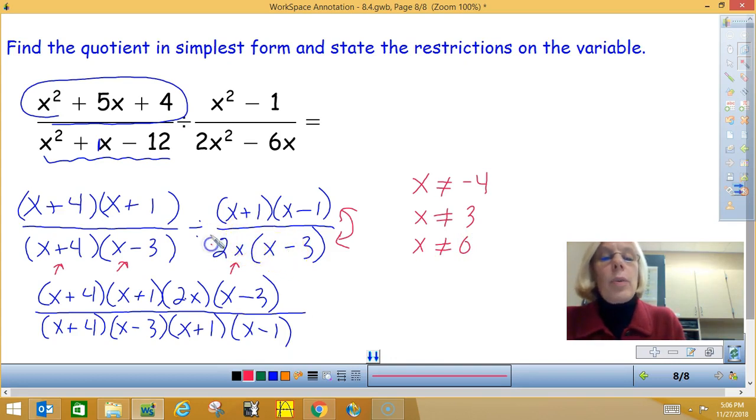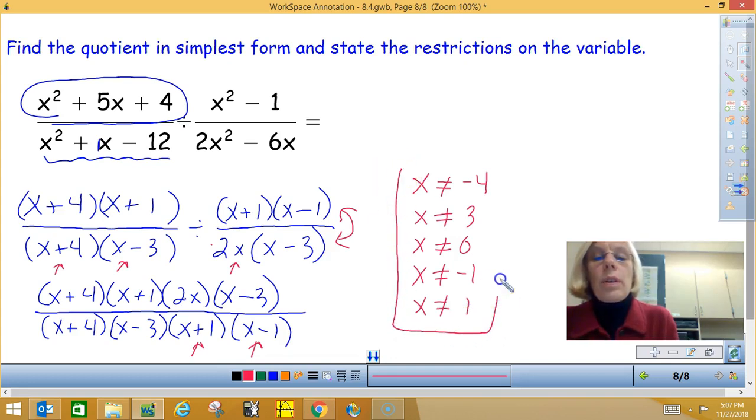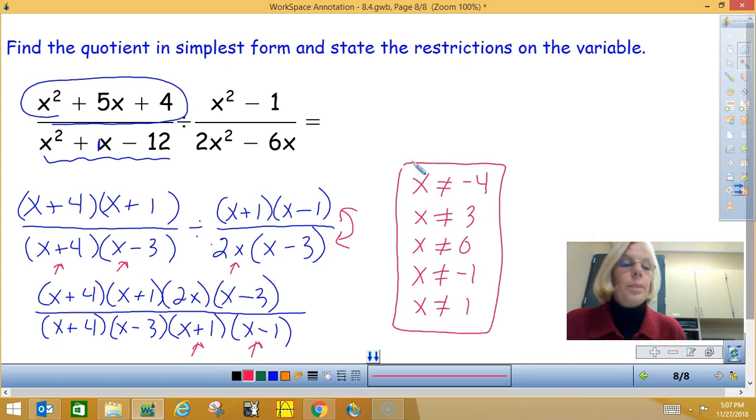Now, after we take the reciprocal of the expression after the division sign, we have a factor here, x plus 1 in the denominator, and a factor x minus 1. So that tells us that x cannot equal -1, x cannot equal +1. Those are all the restrictions.